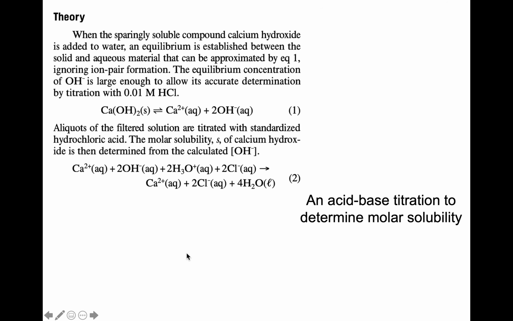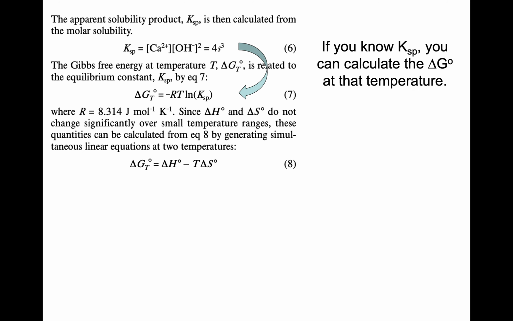Let me show you what goes on. First of all, you have a saturated calcium hydroxide solution, and you can determine the amount of hydroxide in the solution by using an acid-base titration. So right there, good application, right? An acid-base neutralization reaction to determine the amount of hydroxide in solution. If you know the amount of hydroxide, you can calculate the KSP.